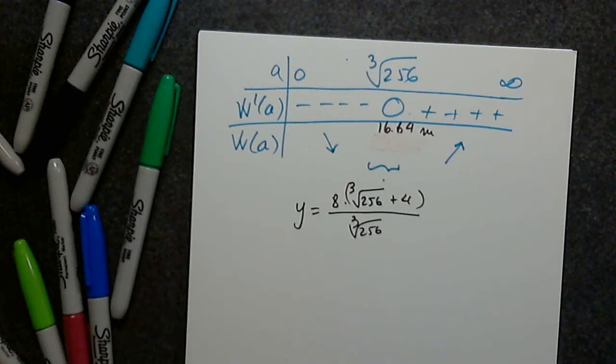So I'll plug it in: 8 in parentheses, 256 raised to 1/3 plus 4, close the parenthesis, and divide by, in parentheses, 256 to the power 1/3. So this is y.